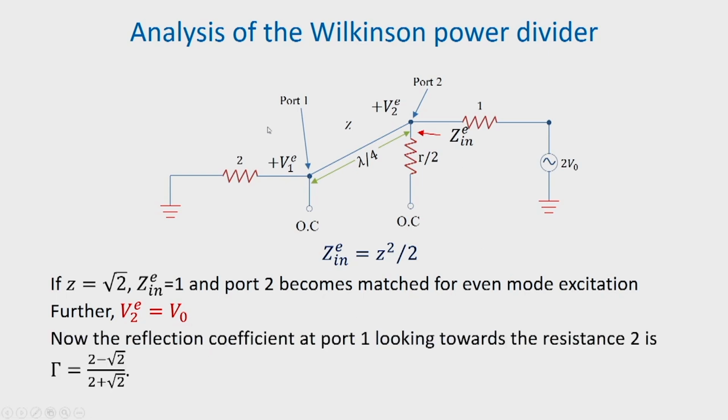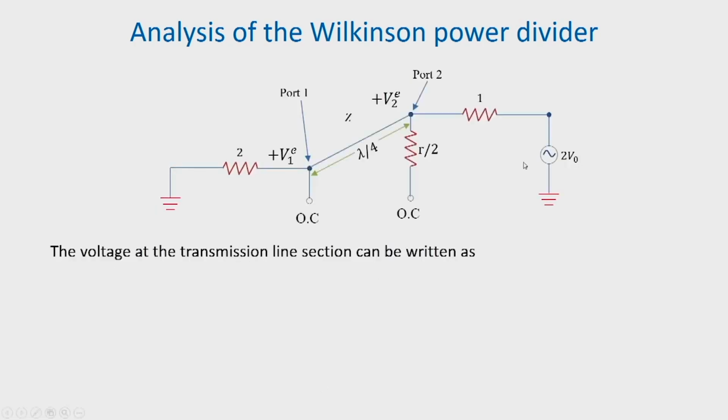Next, if we consider the reflection coefficient that we see from port 1 looking towards this 2 ohm resistance, then our Z is now root 2. So, therefore, gamma will become 2 minus root 2 divided by 2 plus root 2. So, we have found out V2^E. Let us see how we can now find out V1^E.